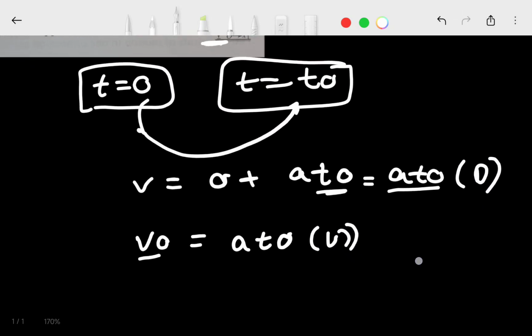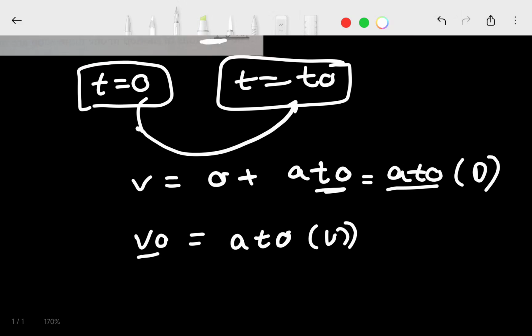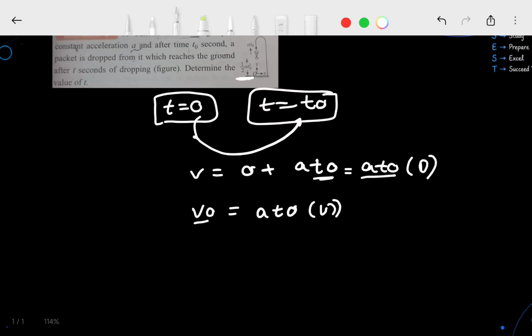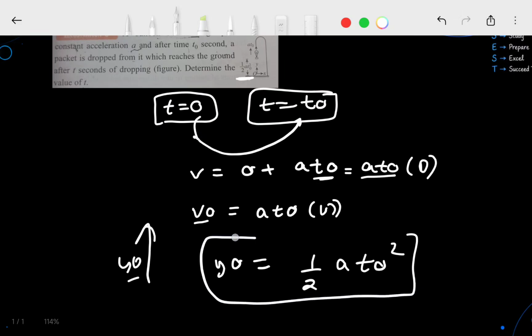Now the balloon rises upward with a constant acceleration a for t naught seconds, so how much distance y naught is covered? It is traveling in the y direction, so y naught would be equal to half a t naught square, because it covers this in t naught seconds.